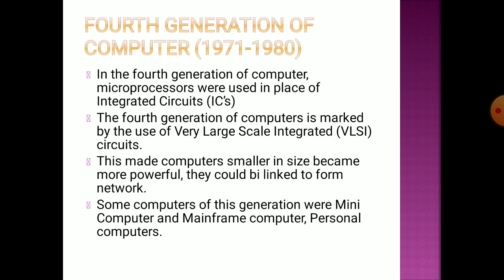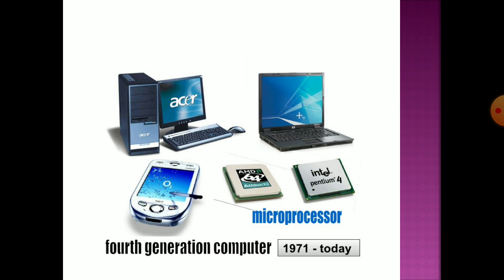So this is your examples of the fourth generation computers. The laptops, the smartphones, then these are your computers, that is the personal computers, we can call this. These are the examples of the microprocessor.